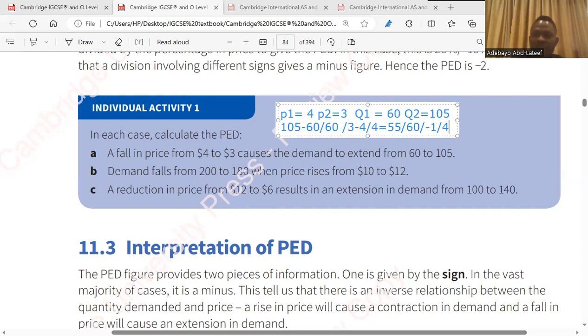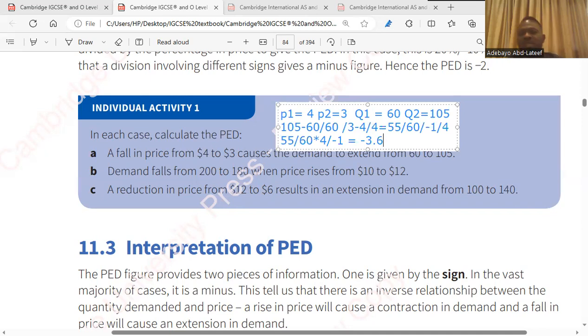So from here we have 55 divided by 60, multiplied by 4 over negative 1. So what does it give you? The final answer: 55 divided by 60, times 4, is negative 3.67.